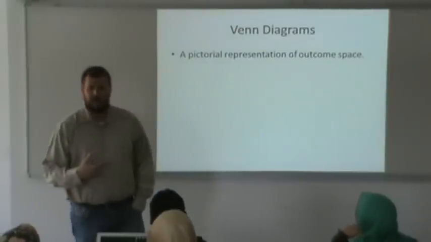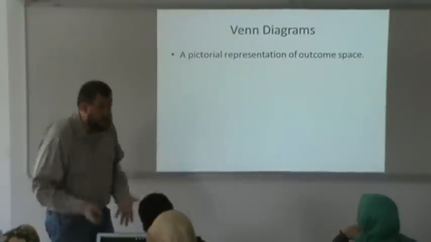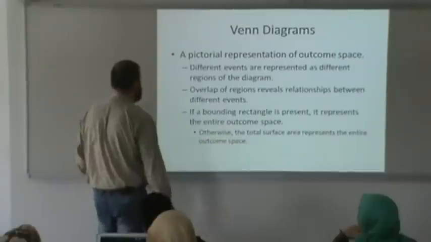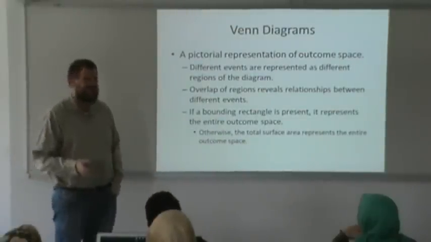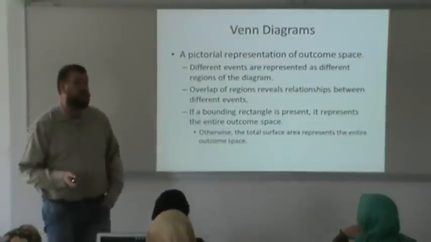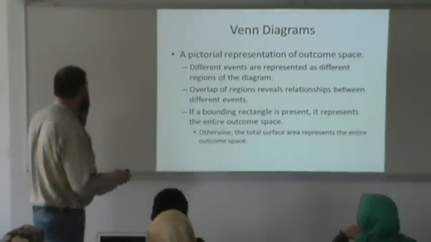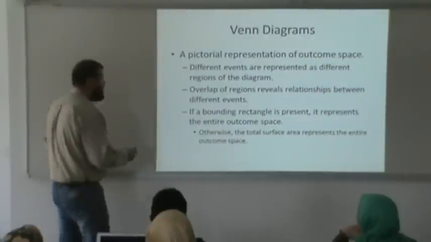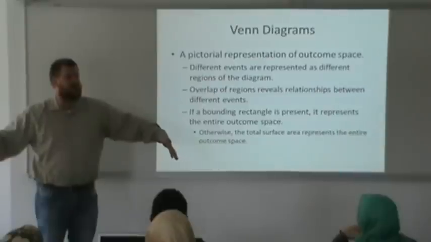Alright, so when we talk about probabilities, a useful tool is a Venn diagram. A Venn diagram is basically a pictorial representation of outcome space and the events that can occur in it. So different events are represented as different regions in the diagram. Overlap of different regions reveals relationships between different events. This is complex, but we'll get to an example in just a minute. If there's a bounding rectangle, that's going to represent all of the conceivable outcomes that could occur.